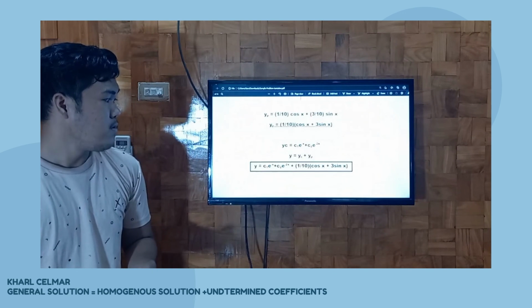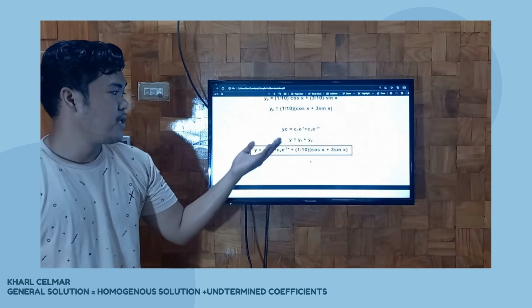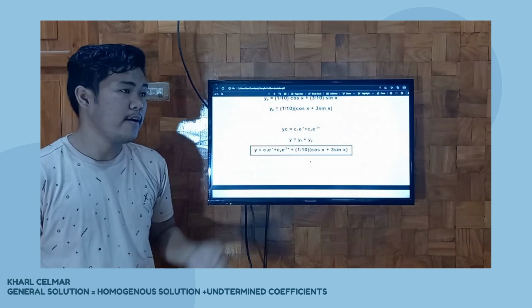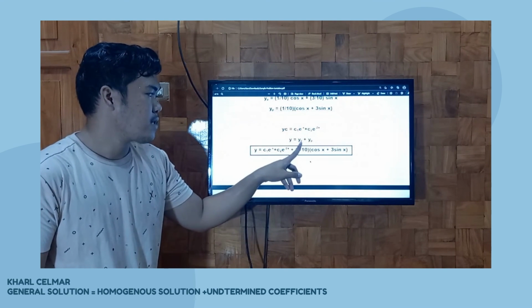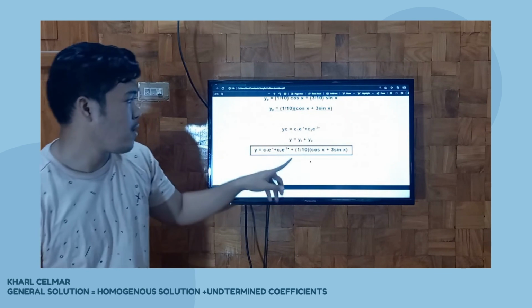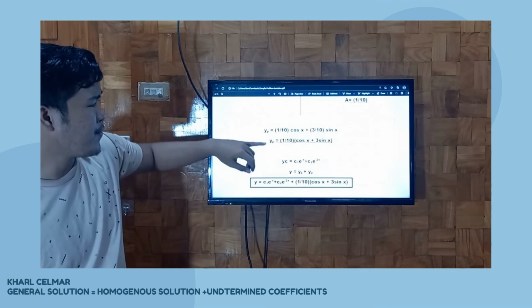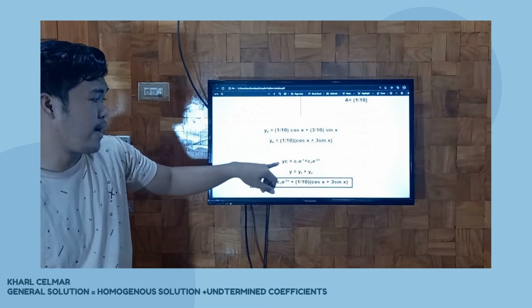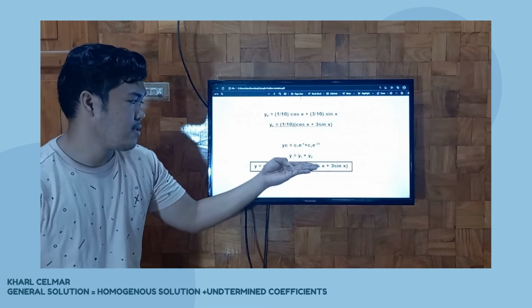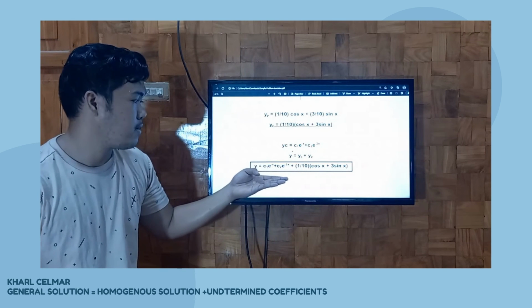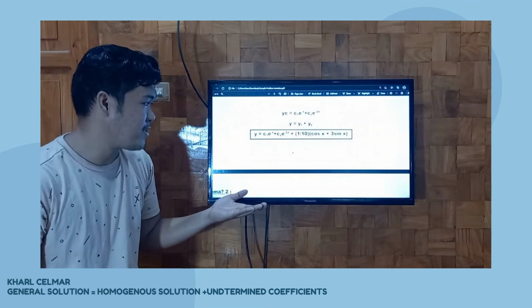So now we find the value of y. In finding the value of y, it is equal to y sub c plus y sub p. So now we already have the y sub p and y sub c. So we're going to add them to have the value of y, or to have the final answer.